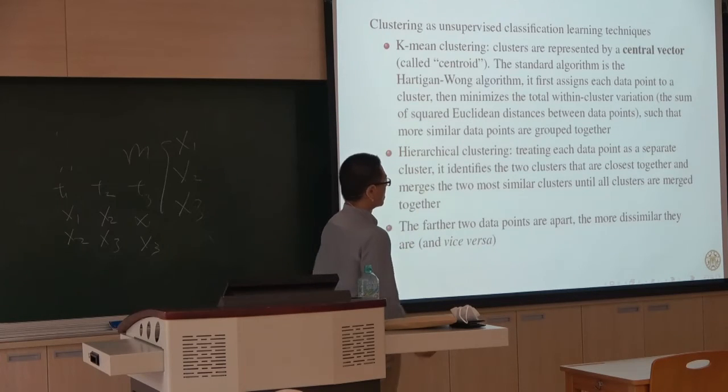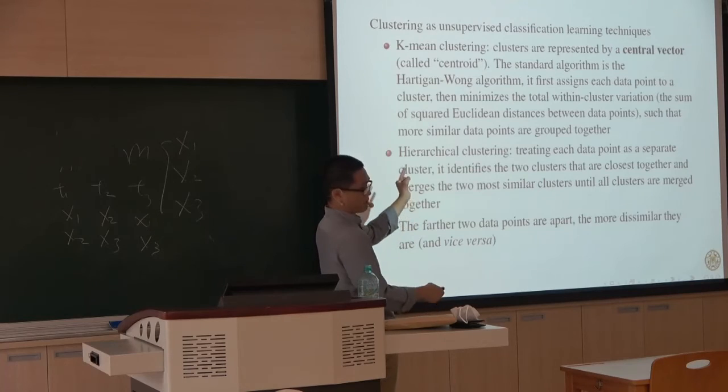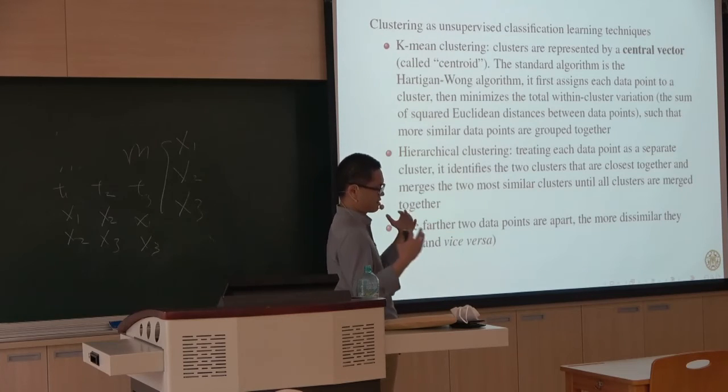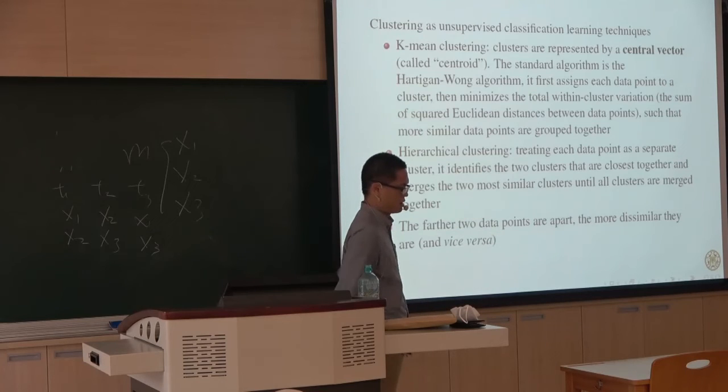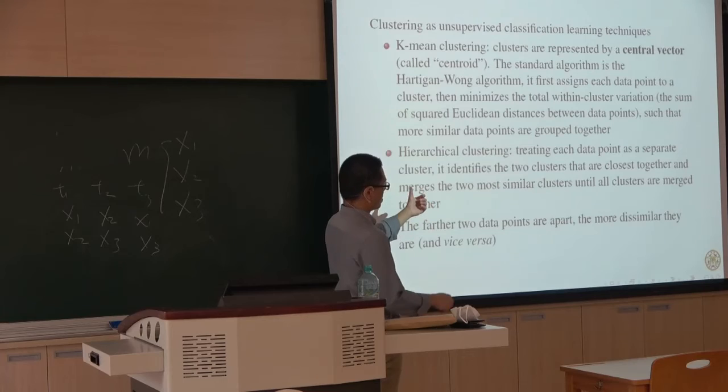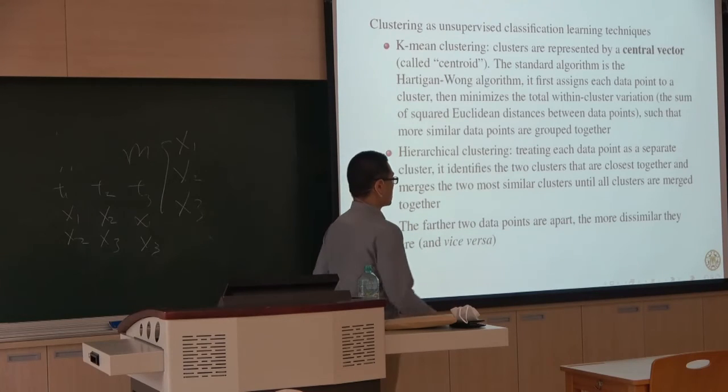Hierarchical clustering works differently. You first treat each data point as its own cluster. So if you have a total of 100 data points, suppose you're working on a data frame of 100 rows, the beginning number of clusters is 100. Right? Treat each data point as a single cluster.